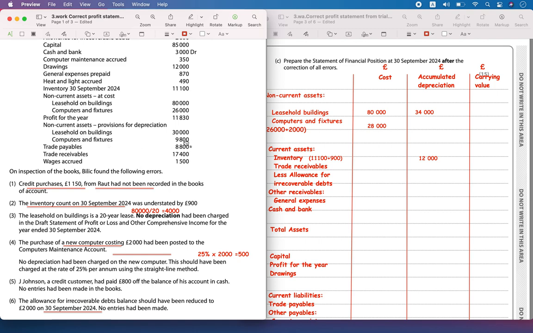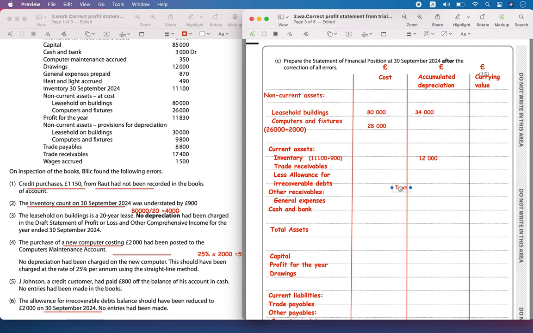So 500 was extra. So 9,800 plus 500. So that value is going to be equal to 10,300. Okay, so here there was two correction, one for this and the other one was for 9,800 plus 500.